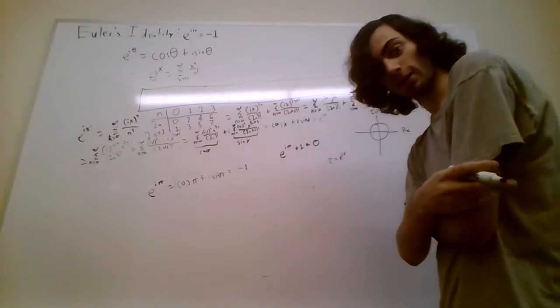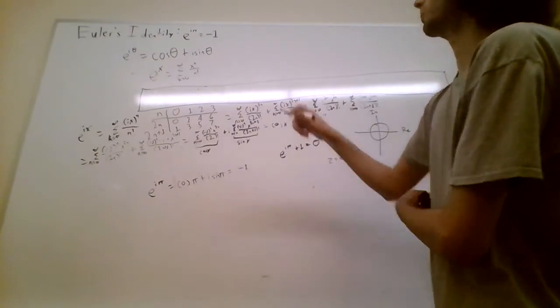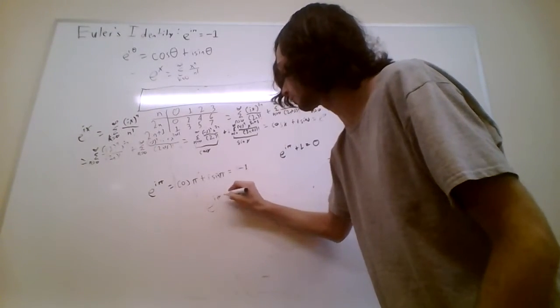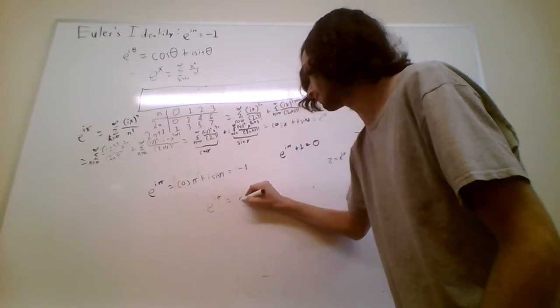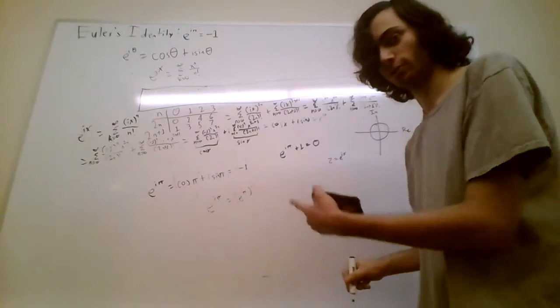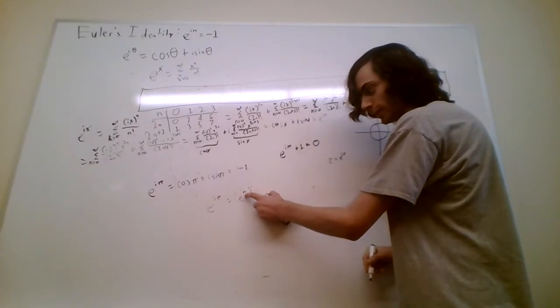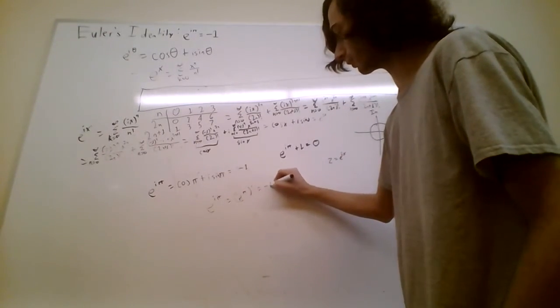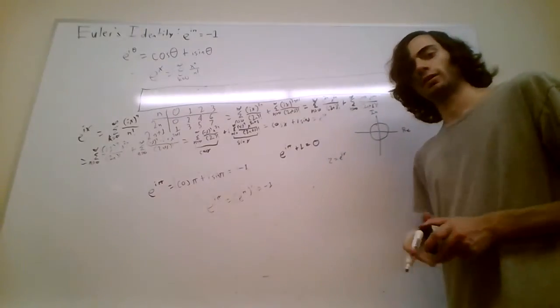And that's about it. I think it's really cool that if you do e to the i pi, that's the same as e to the pi, parentheses, to the i. I think it's really cool that you can take a real number like e to the pi, raise it to an imaginary number, and get another real number out of it. And that's it.